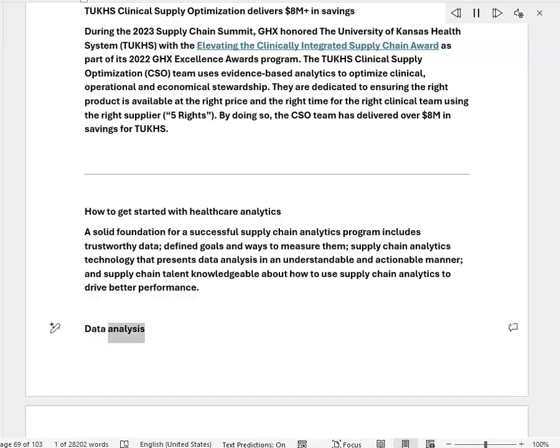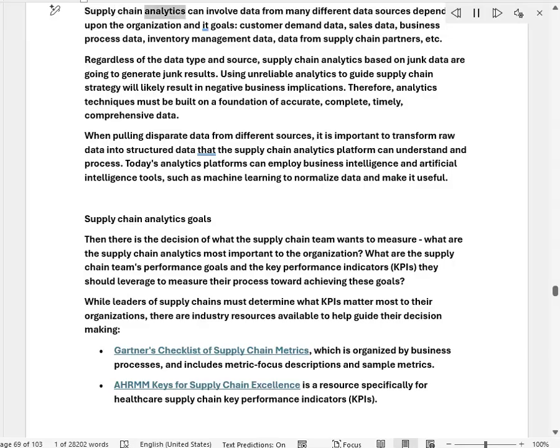Data analysis. Supply chain analytics can involve data from many different data sources depending upon the organization and its goals: customer demand data, sales data, business process data, inventory management data, data from supply chain partners, etc. Regardless of the data type and source, supply chain analytics based on junk data are going to generate junk results.